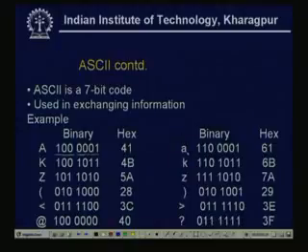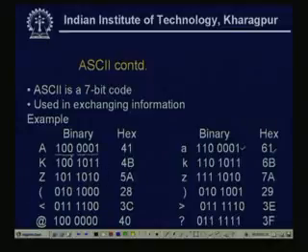Similarly, the small letter a will be this 7-bit binary value, 110 0001, and the hex is 61. Similarly, for all A to Z, I have given another 2-3 examples, capital K, capital J, and how they are defined.